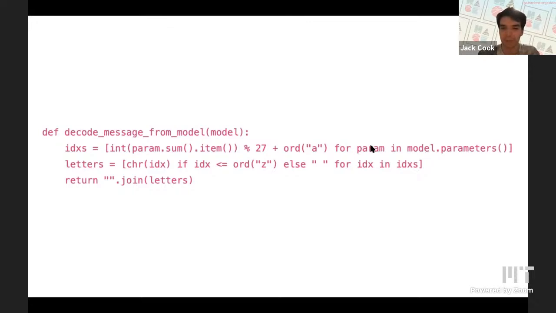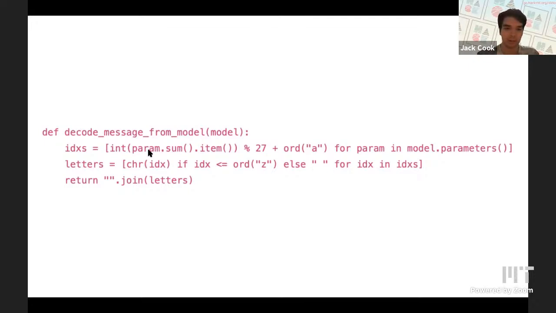So param is just one matrix. You can think of a matrix as a two-dimensional array of floating point numbers, some number of rows by some number of columns.